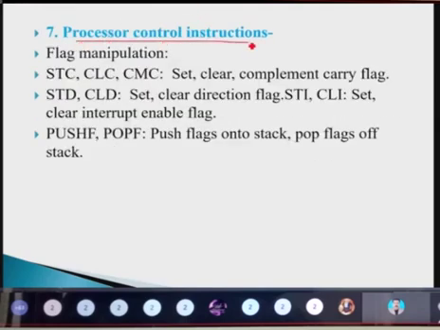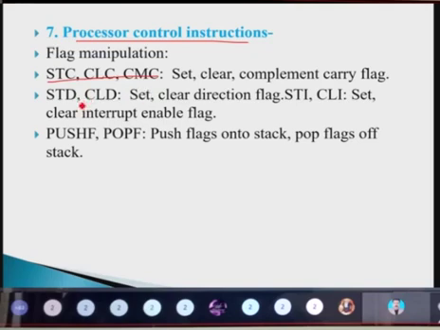So next are the processor control instructions, like flag manipulation: STC, CLC, CMC. STC is for set, CLC for clear, and CMC for complement carry flag. So all those things come under STC, CLC and CMC.